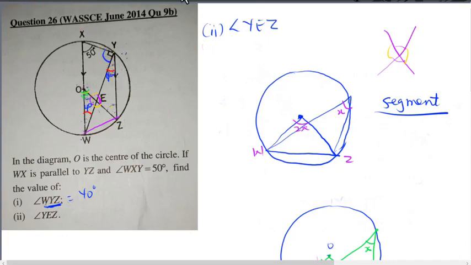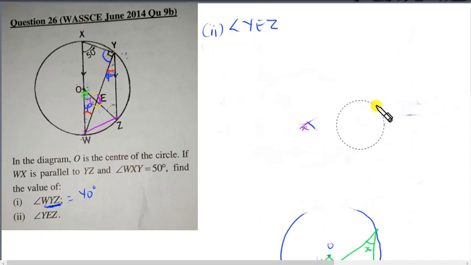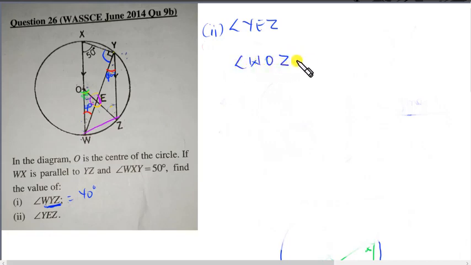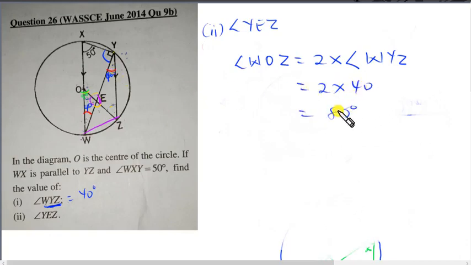In other words, angle WOZ is equal to 2 times the angle WYZ. So 2 times 40 degrees is 80 degrees. So angle WOZ is 80 degrees.